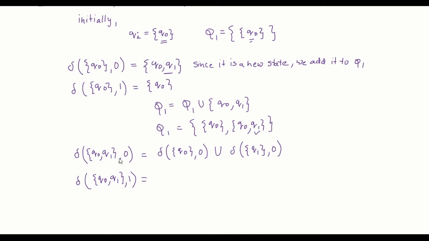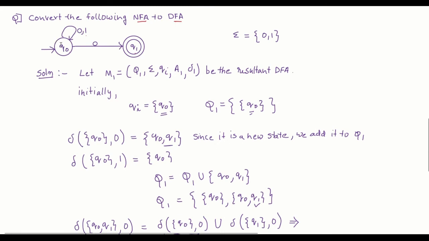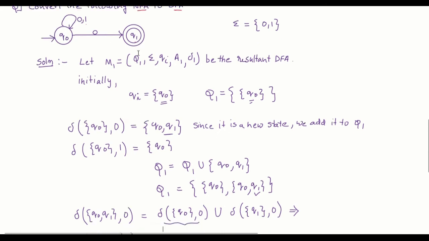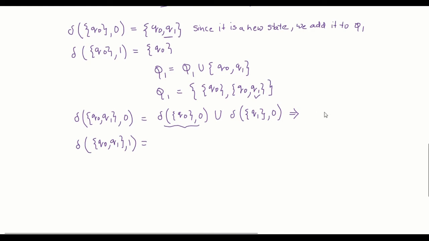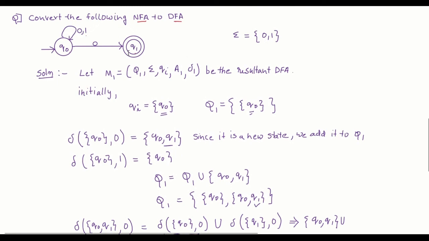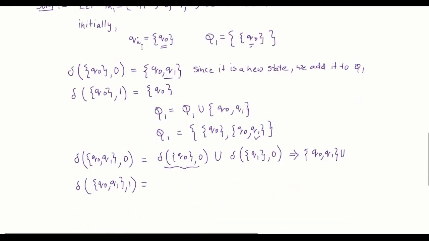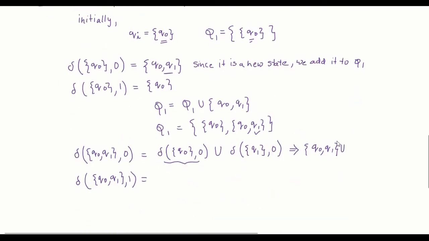Now what is del of Q0 on 0? Looking at this, Q0 on 0 goes to Q0 as well as it goes to Q1. So Q0 on 0 goes to Q0 Q1, union Q1 on 0, where does it go? If you see here, Q1 on 0 does not go to any other state. So since it does not go to any other state, what you get is a null set.